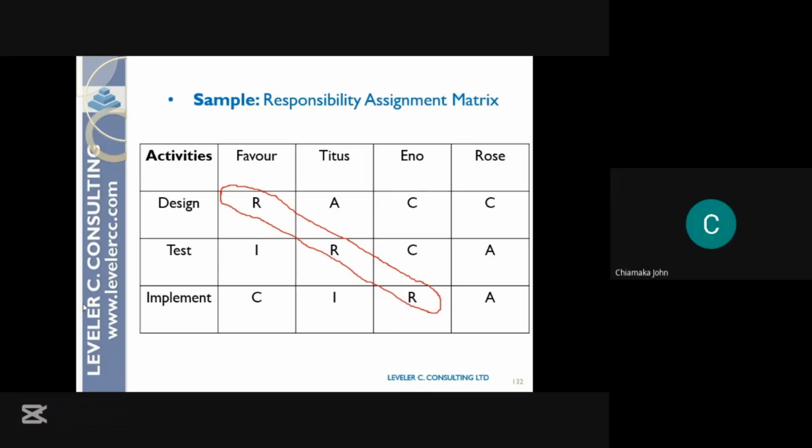So are we seeing how we are assigning responsibility matrix? What this table is telling us is that if there is a delay in any activity, we can easily know who is delaying it. That's what it is, and that's why I like the matrix table.